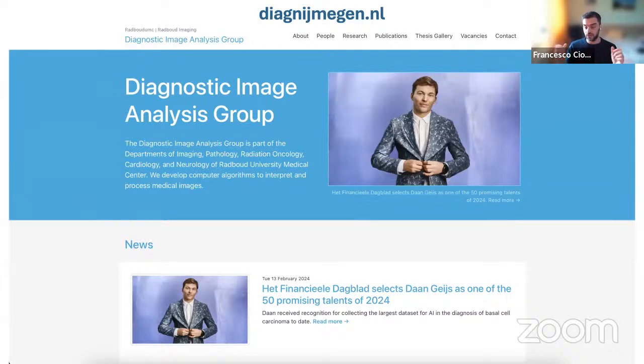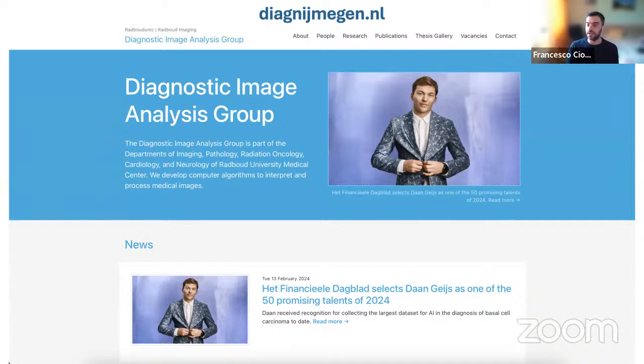And it's really a cross-departmental research group with mostly PhD candidates, but faculty members, postdocs, lab technicians, research software engineers. And we all work, pretty much most of us, full-time on research and development of artificial intelligence for the analysis of medical images.